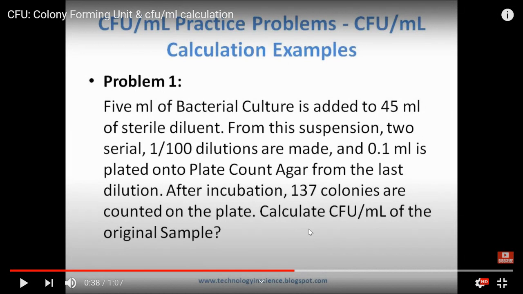Right, the total volume is 50. So, is it going to be part of our whole, 5 over 50? Yep, 5 divided by 50. Now what's 5 divided by 50?